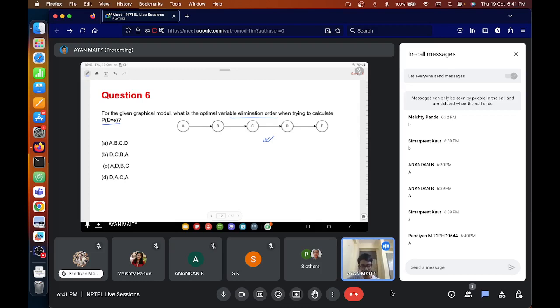The correct answer here is option A. So all the answers in the chart are correct.